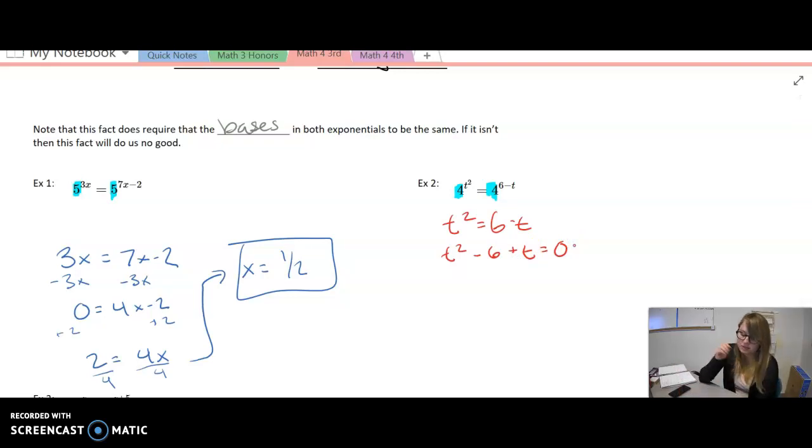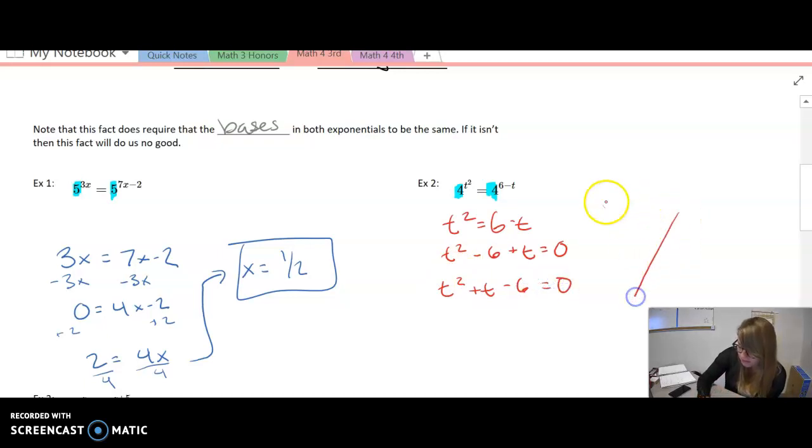And then from here, we need to factor. So I'm just going to rearrange this real quick. So we have t squared plus t minus 6 equals 0. And to factor, we're going to use our big X. So we need to add to 1, but multiply to negative 6. So then we have 2 and 3, where 2 is negative.